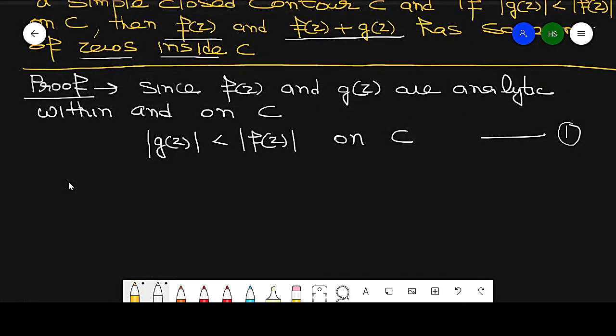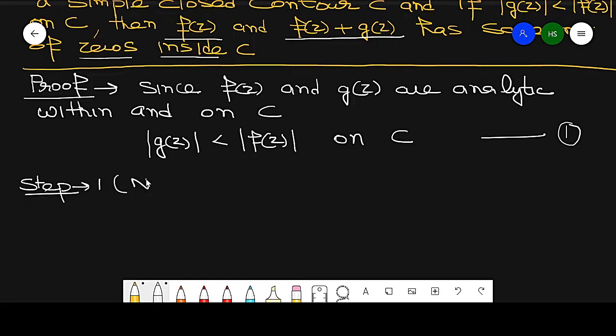My aim is to prove that f(z) and f(z) plus g(z) have the same number of zeros inside C. So we will prove it by contradiction. So this is step number 1. What is step number 1?